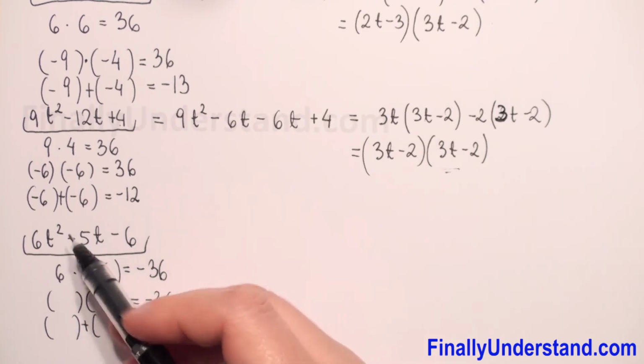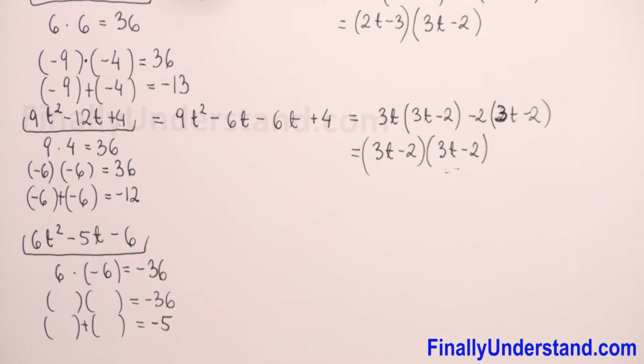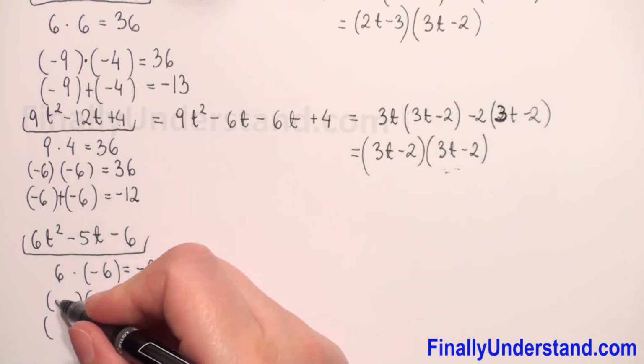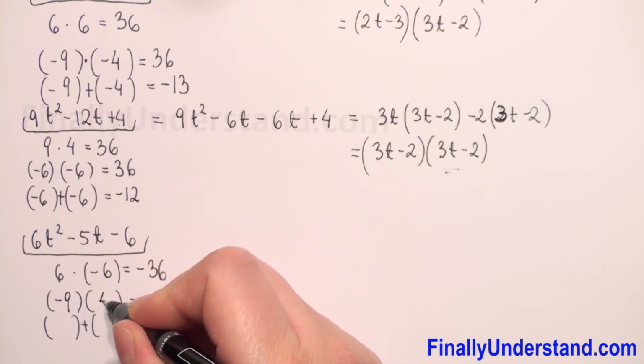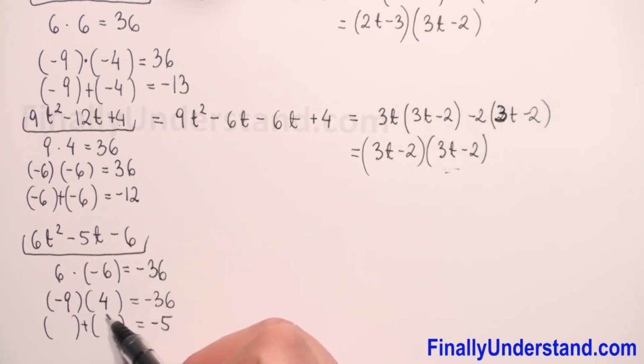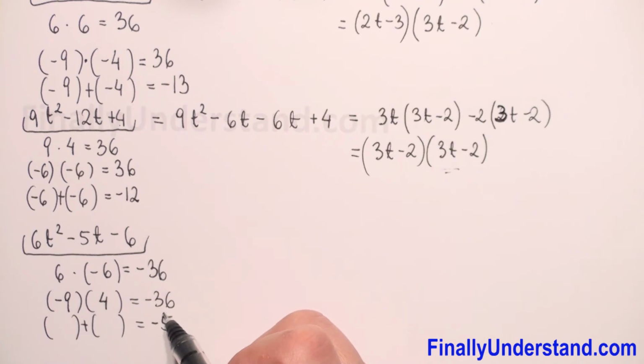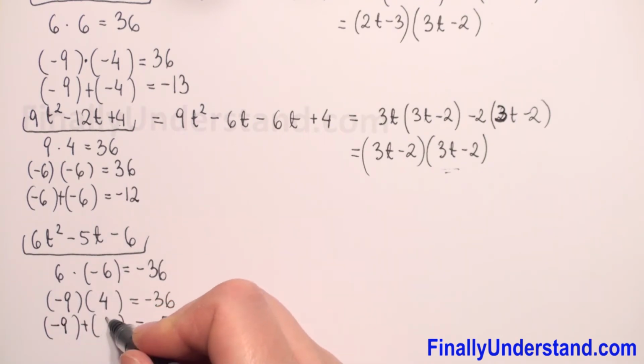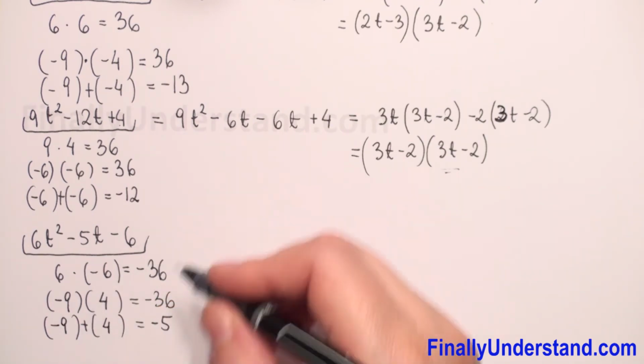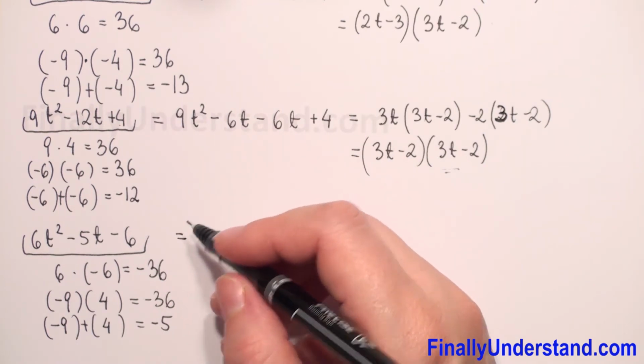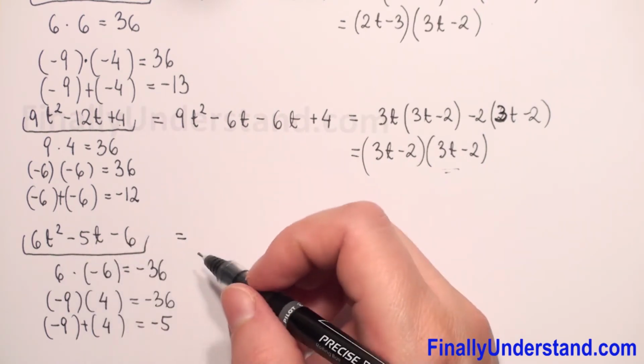This is the coefficient before t always. So this is negative 9 and 4. Negative 9 times 4 is negative 36, and negative 9 plus 4 is negative 5. So now we can rewrite our trinomial.